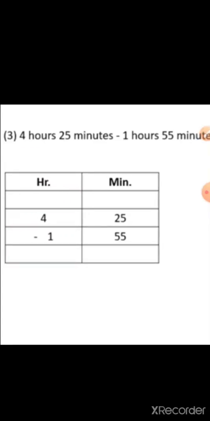Question number 3. 4 hours 25 minutes minus 1 hour 55 minutes. Hours column 4, minutes column 25. Hours column 1, minutes column 55. Now subtract 25 minus 55. Not possible. We will borrow from hours. Now this is 3 hours.